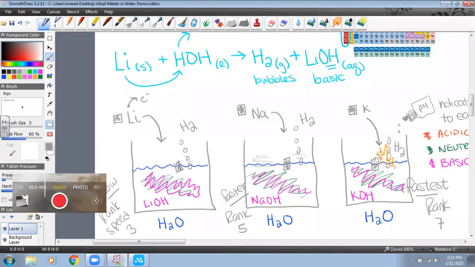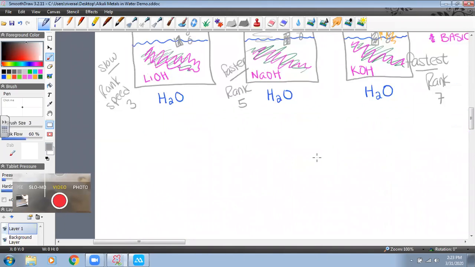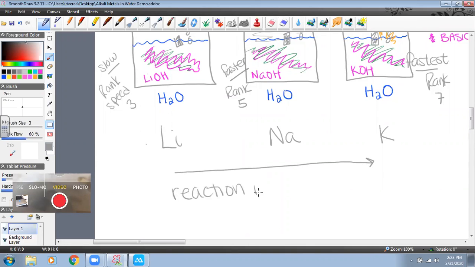So what I want you guys to recognize about what's happening here is if we look at the periodic table, as we went down this group, from my lithium beaker, to my sodium beaker, to my potassium beaker, as I went this way, the reaction got more exciting. The reaction was faster.